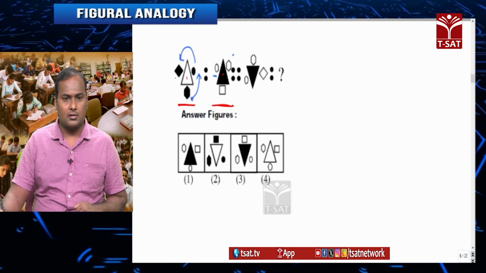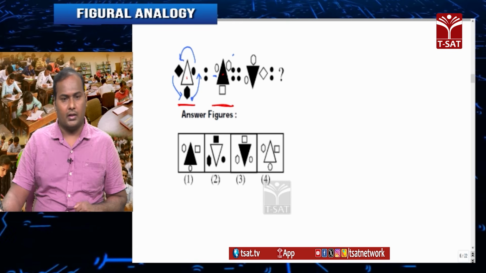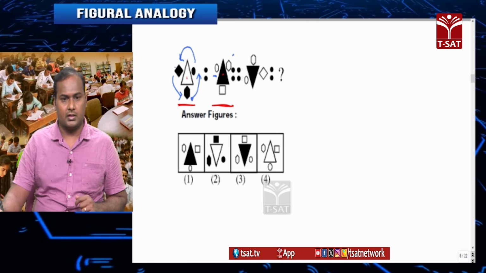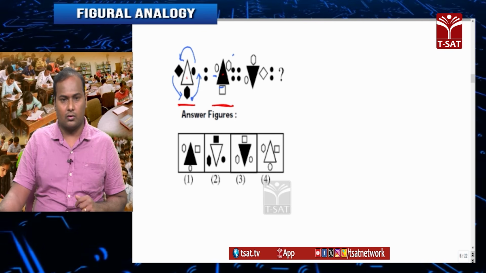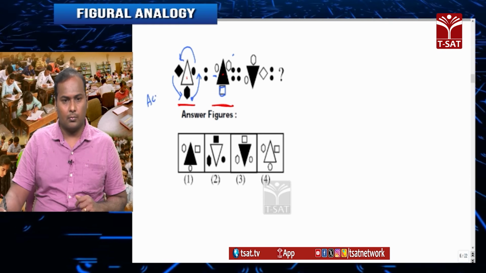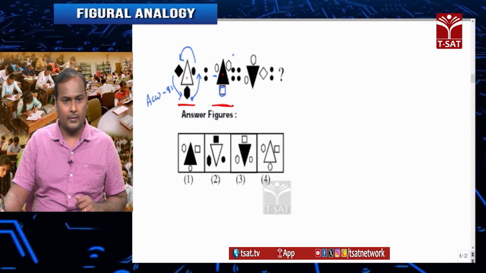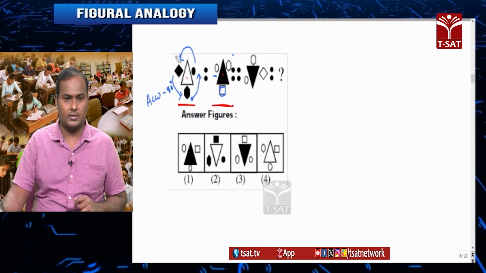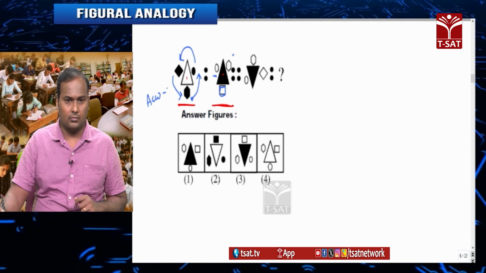This quadrilateral also moved in the anti-clockwise direction, but with rotation. See, here it looks like a rhombus, but the moment it comes to the bottom here, it looks like a square. So it is also moving plus anti-clockwise rotation by 45 degrees.